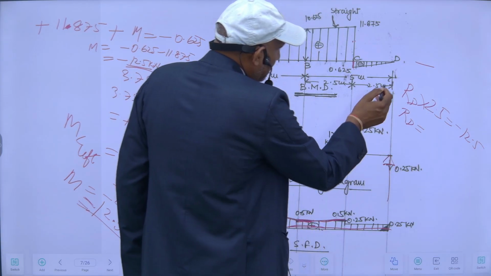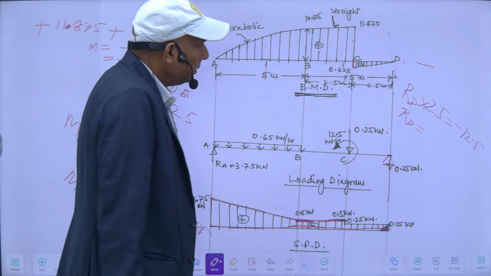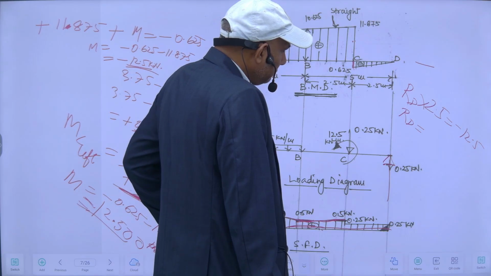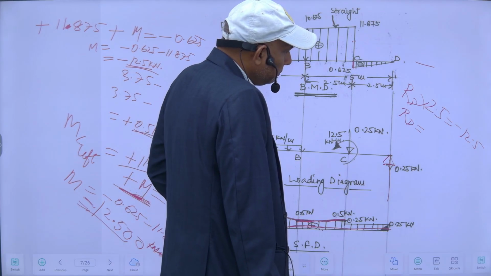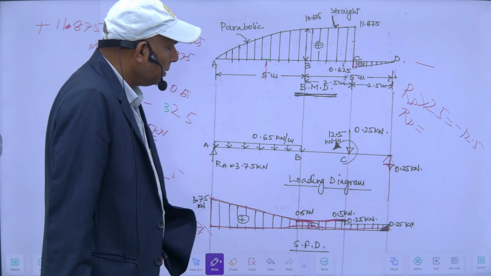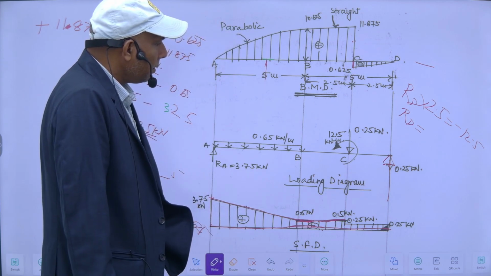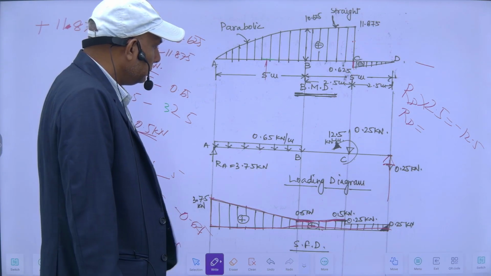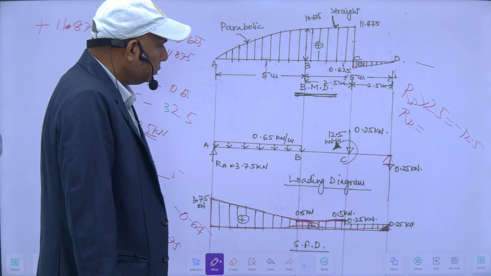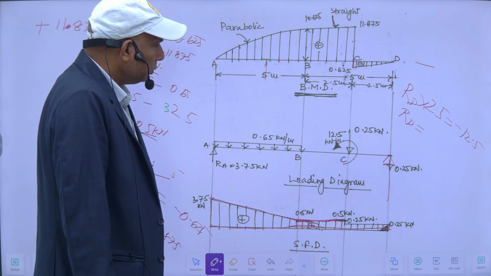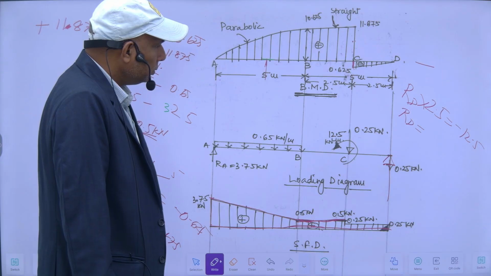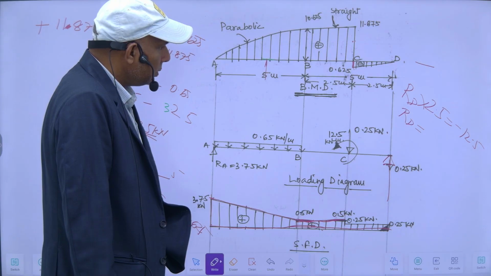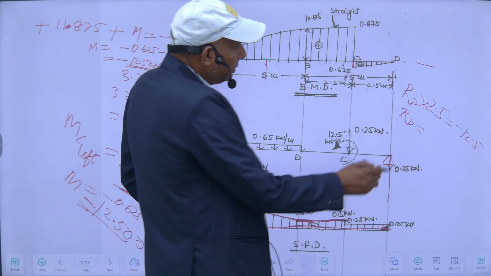So RD will be RD into this distance, and it will be equal to 2.5.